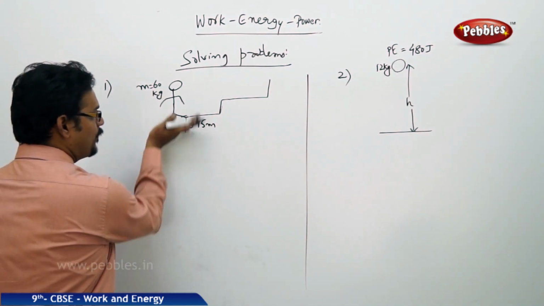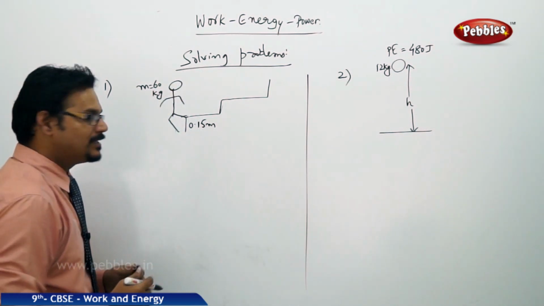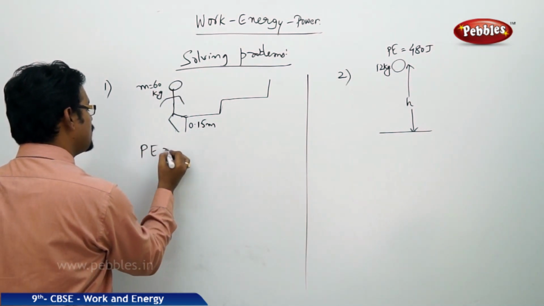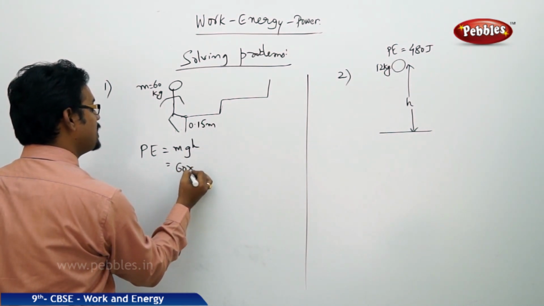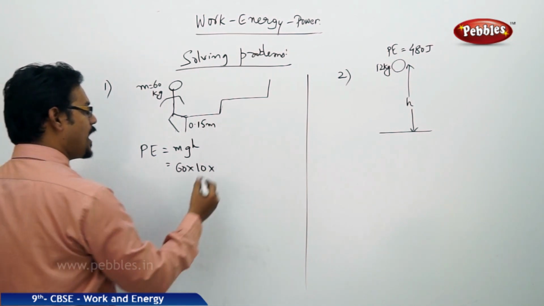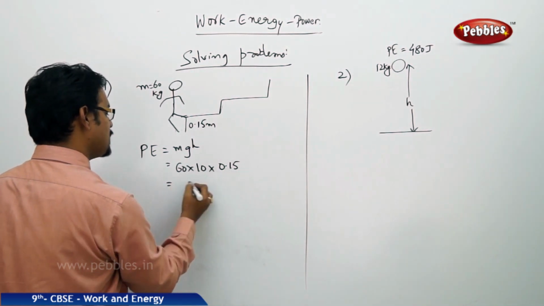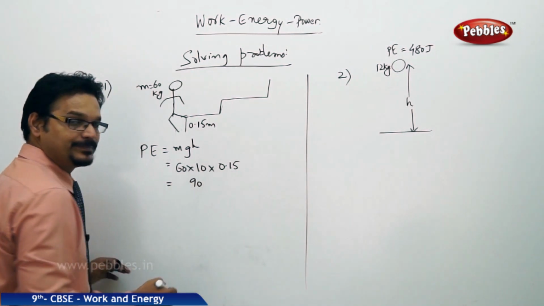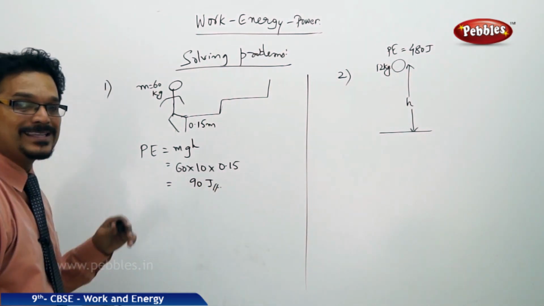Moving upward is nothing but potential energy, because you are going against the gravity. So potential energy PE equals mgh. Mass is 60 kg, g is 10 meters per second square, it's a constant value. Height is 0.15. So 90 joules is the answer, but it is only for one step.